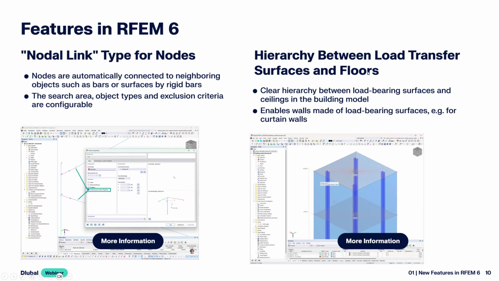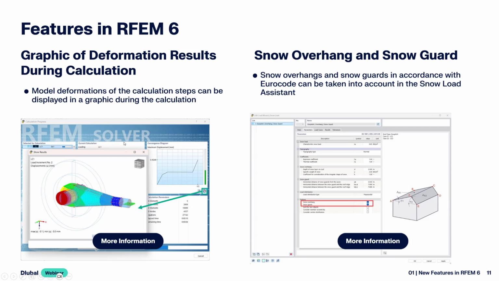Hierarchy between load transfer surfaces and floors. Yeah, that's, for example, usable for certain walls. Then you can watch the graphic of the deformation results during the calculation with that button here. Snow overhang and snow guard can be taken into account for the Eurocode.